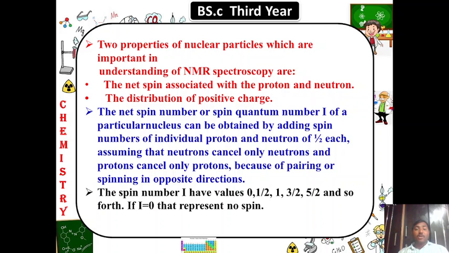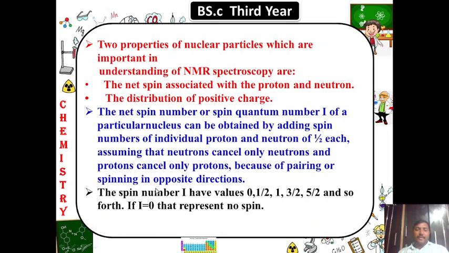The net spin number or spin quantum number I of a nucleus can be obtained by adding the spin numbers of the individual protons and neutrons, of half each, assuming that neutrons cancel only neutrons and protons cancel only protons, because of pairing of spins in opposite directions.